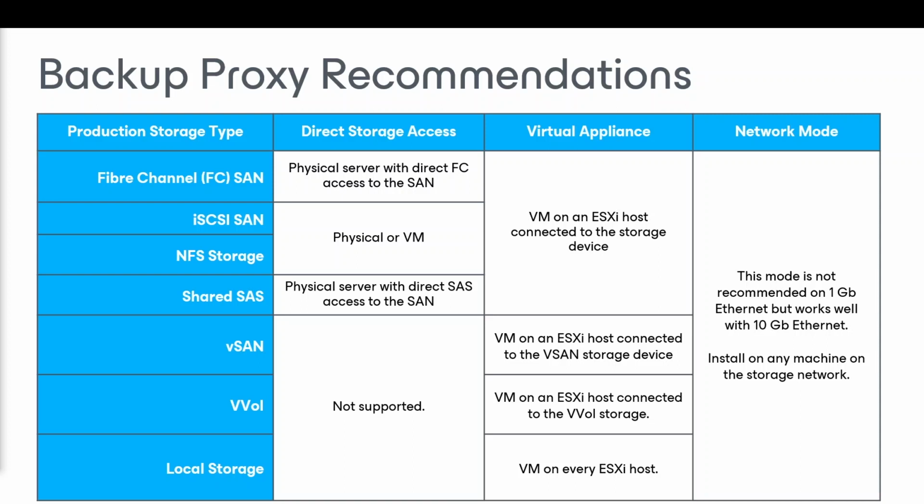You can have a look at what production storage type we have, and then from left to right, the fastest method towards the slowest. So first check if direct storage access is possible. If not, then virtual appliance. If not, network mode, because that will just always work.